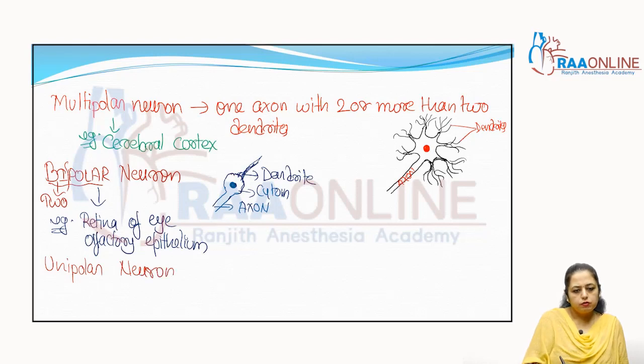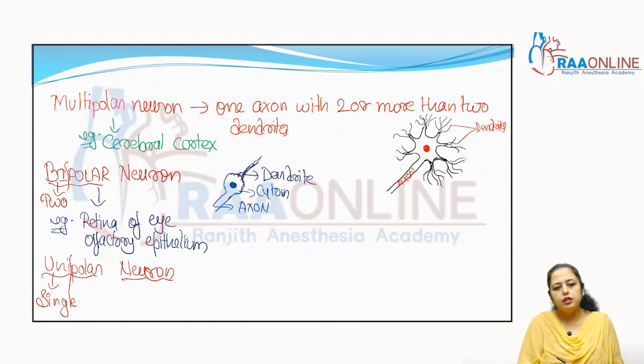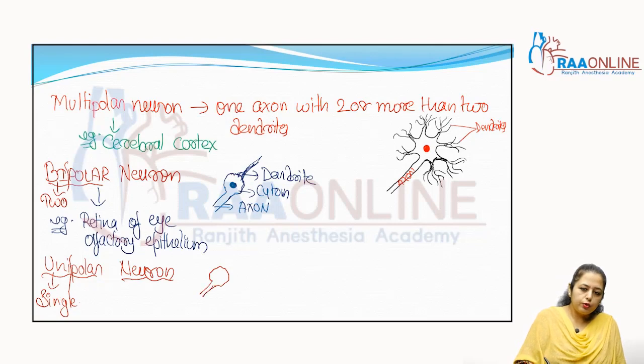The third one is the unipolar neuron. Uni means single. In a unipolar neuron, the cell body is present with only a single axon.